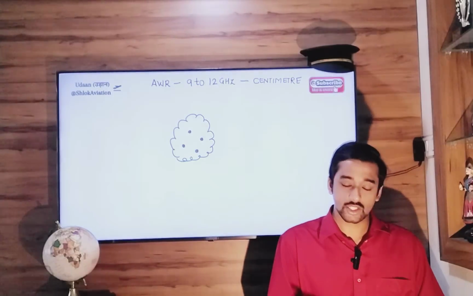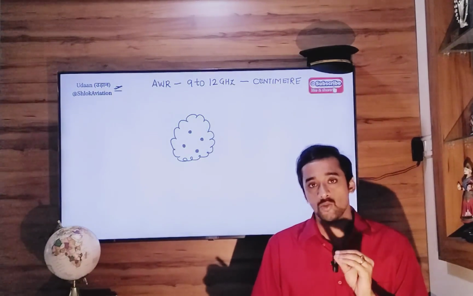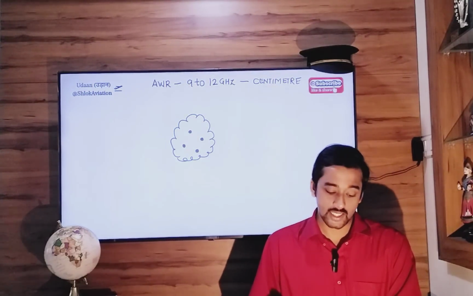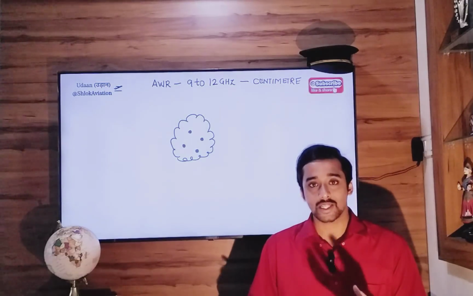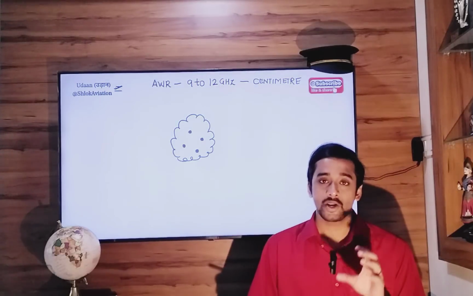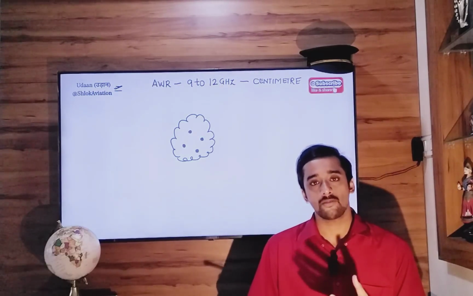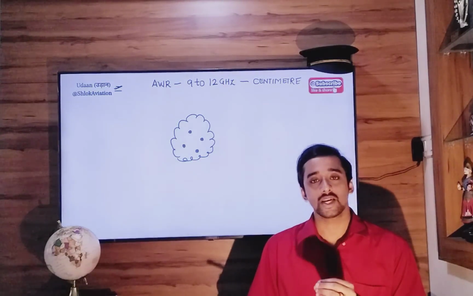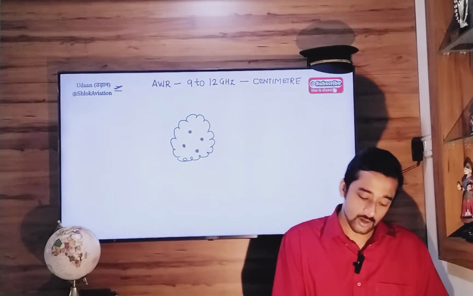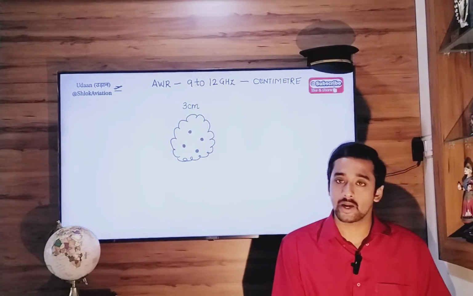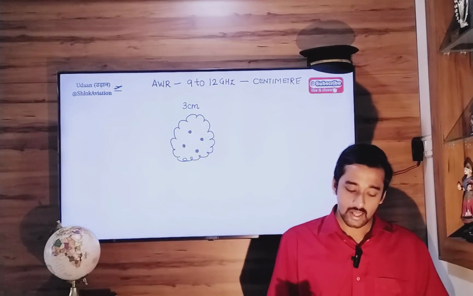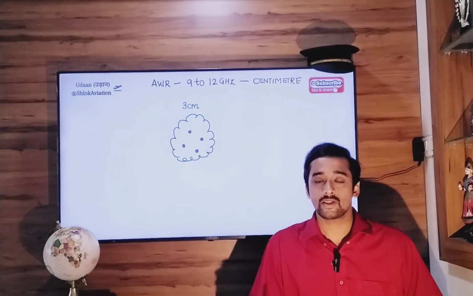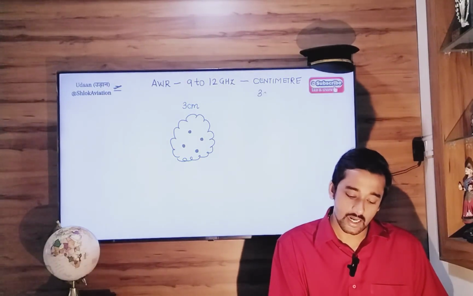Airborne weather radar tries to obtain returns from large water droplets because these will be found in cumulus and cumulonimbus clouds. Contrary to this, small water droplets will be found in clouds which are not dangerous for aviation safety. So we are only concerned about large water droplets, and these tend to be around 3 centimeter. Therefore, when we use 9 to 12 gigahertz, the wavelength of the radar signal is somewhere around 3 centimeter.